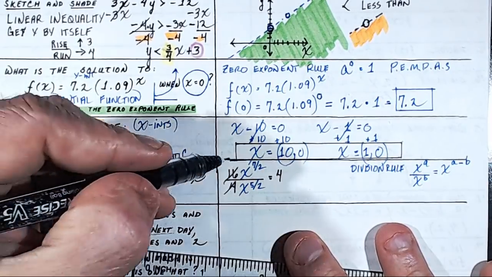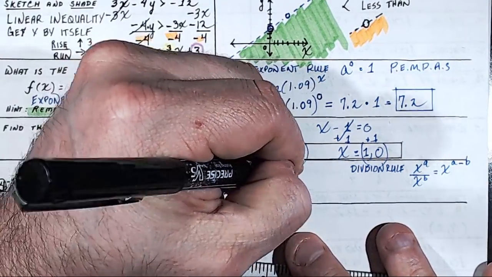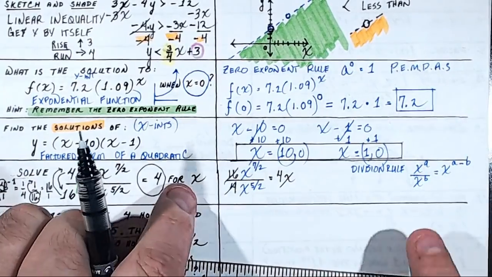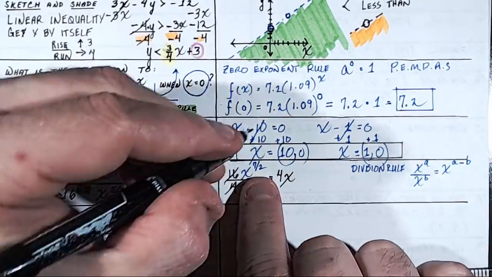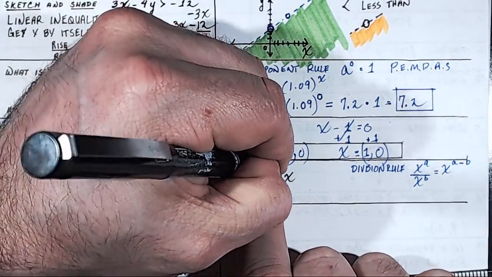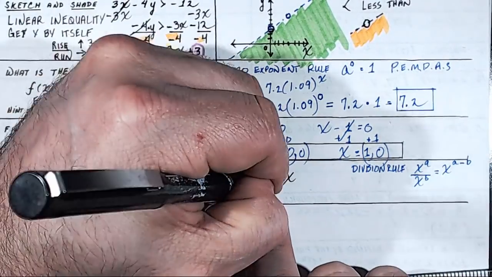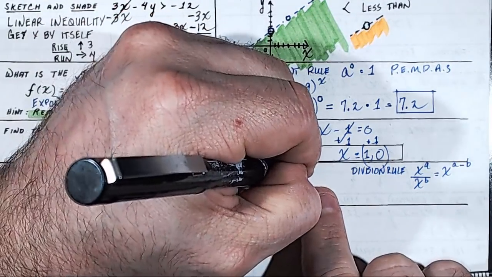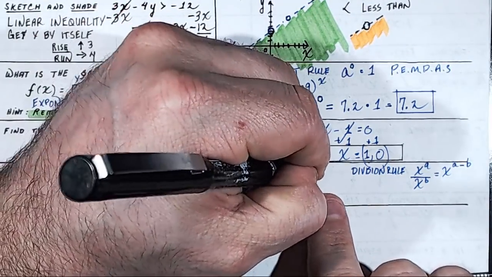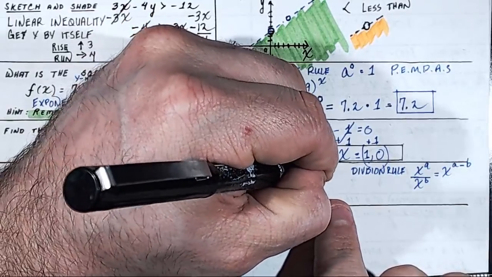And now I want to deal with these x values. I've got x, and what I'll do is apply this rule: x to the a minus b, where 7 over 2 is the a value, and 5 over 2 is the b value. So I just have x raised to the 7 over 2 minus 5 over 2.